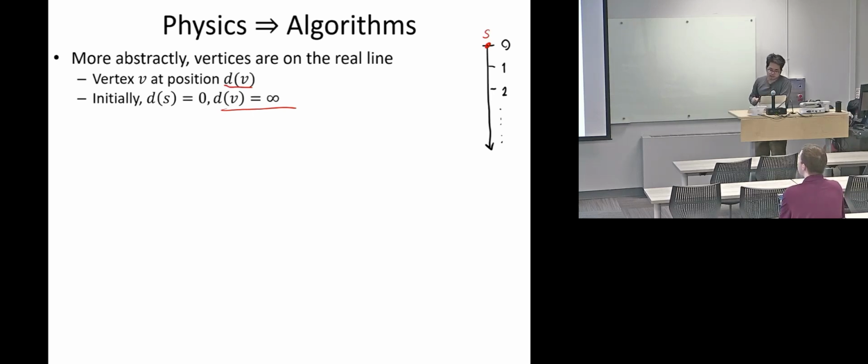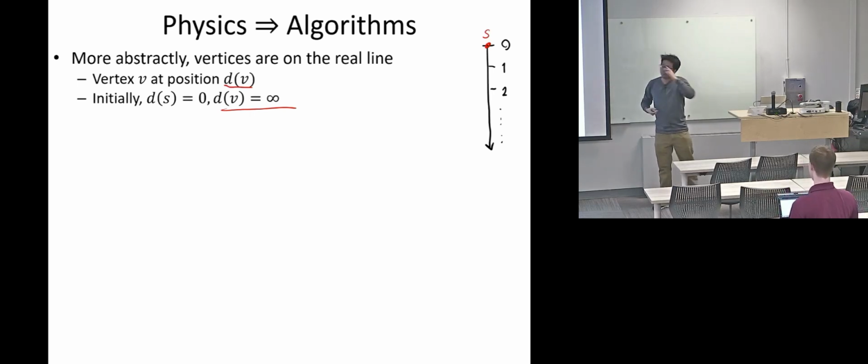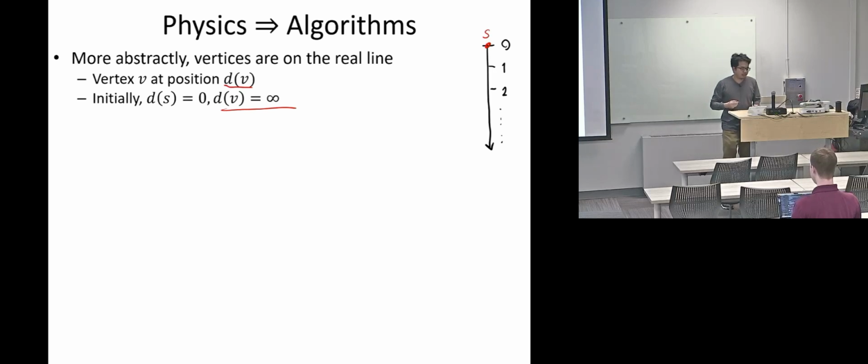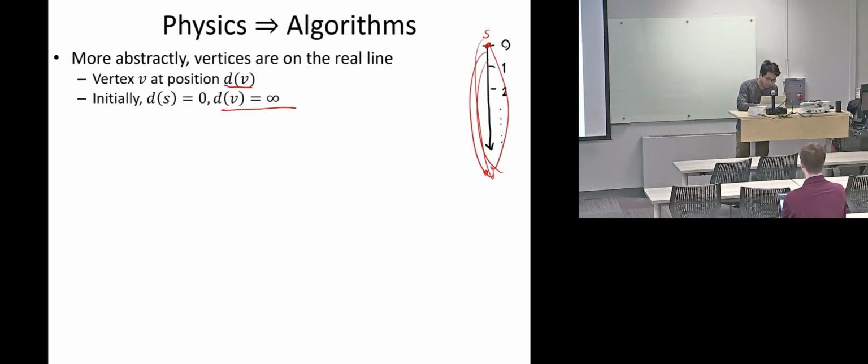Okay, and what I'm going to do is try to relax edges. In the previous slide, I just relaxed every edge simultaneously and saw what happened, right? But right now, every edge is stretched because the other end is at infinity.